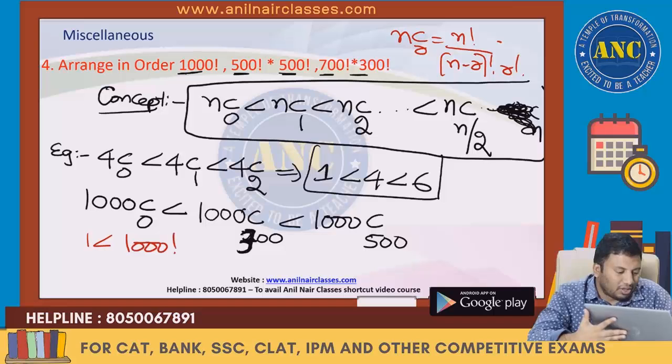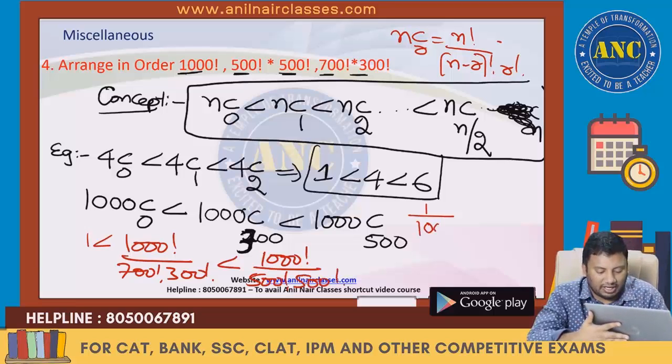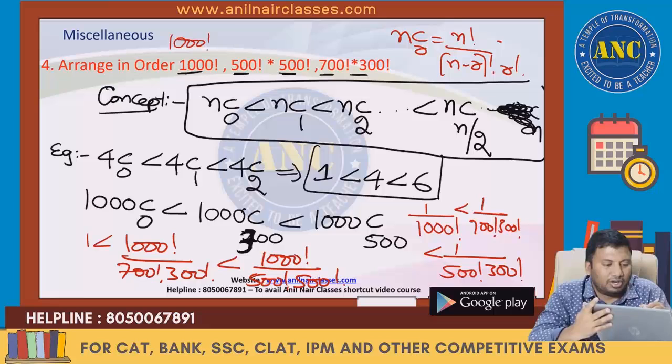So 1 < 1000!/(700! 300!) < 1000!/(500! 500!). If 1000 factorial comes to the left hand side, 1/1000! < 1/(700! 300!) < 1/(500! 500!). If I take the reverse order, 1000! is greater than 700! 300!, which is greater than 500! 500!.